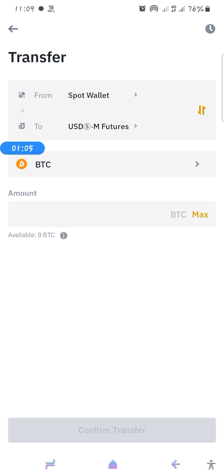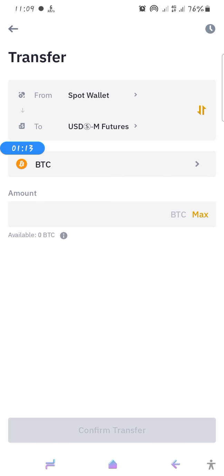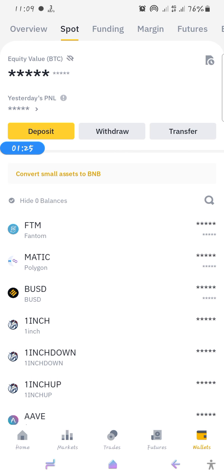And then you input, if it is BTC you click BTC, if it is USDT then, but it's definitely USDT because you've clicked on USD futures, so you transfer from your spot wallet using USDT. You click on this BTC icon here, so it will change, you change it to USDT and then enter the amount you want to transfer and then confirm transfer. Okay, I think that's all.